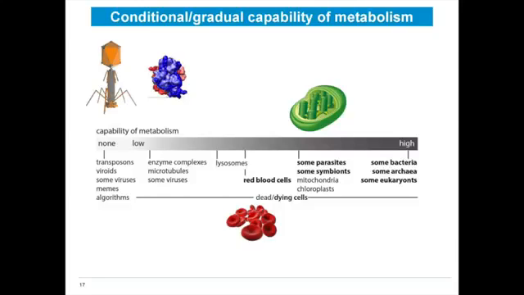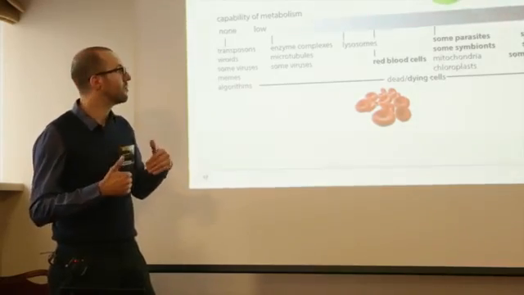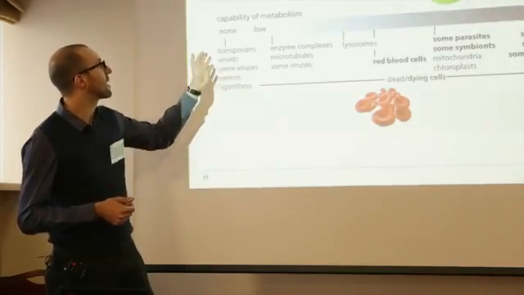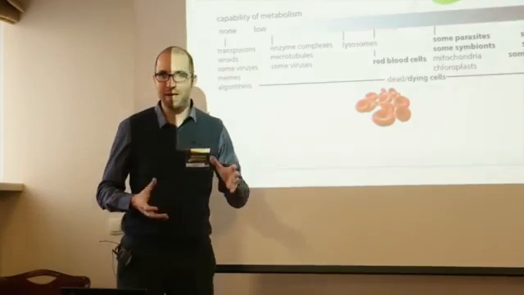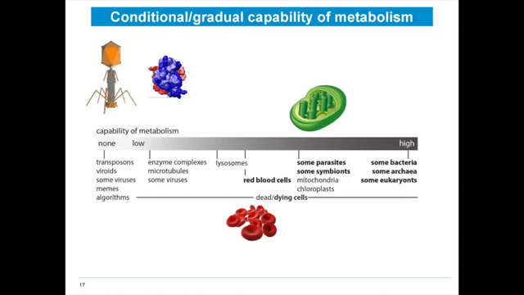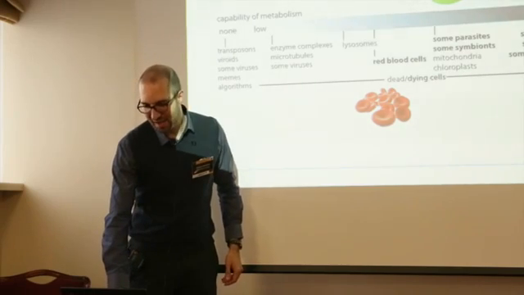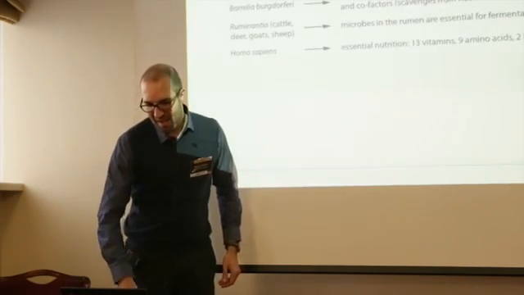We have red blood cells which cannot do everything by themselves anymore and need a lot of input from outside. And we finally come down to the lower end, where we have enzymes or a virus that can maybe only hydrolyze one ATP molecule and inject itself in the cell. If you want, this one hydrolysis step is also a metabolic step, but at a very, very low level of capability of metabolism.